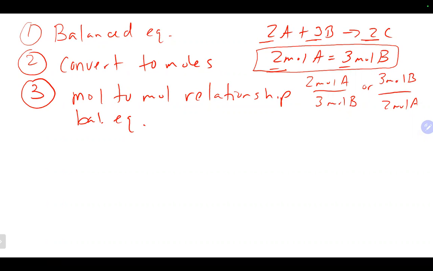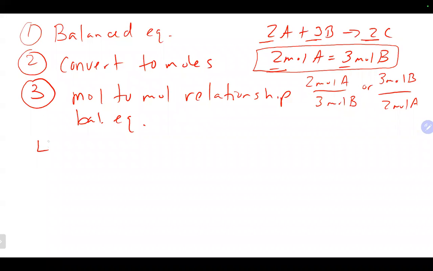How to decide which ones to look for is also pretty straightforward. It's pretty much whatever they gave you in the problem is the one thing that you should look at. And then whatever you're trying to find is the other one. And that allows you to go from something in the equation that you're not really interested in to something else in that equation that you are, using this as a conversion factor to do that.